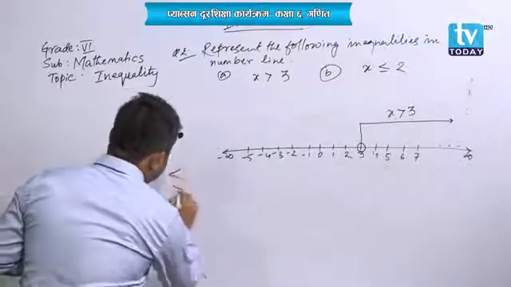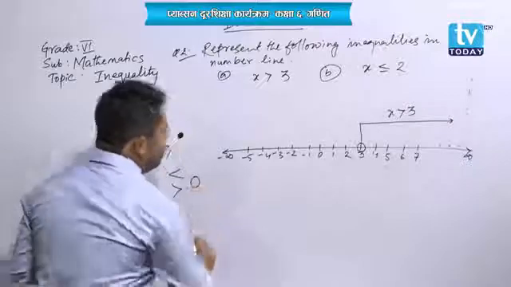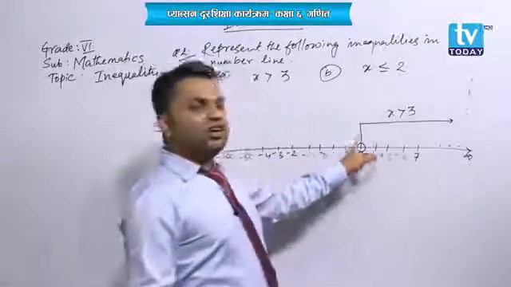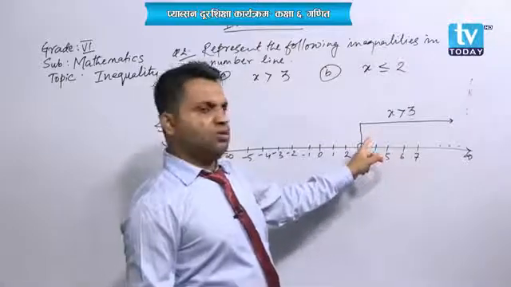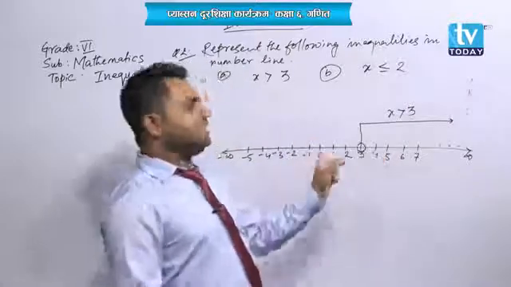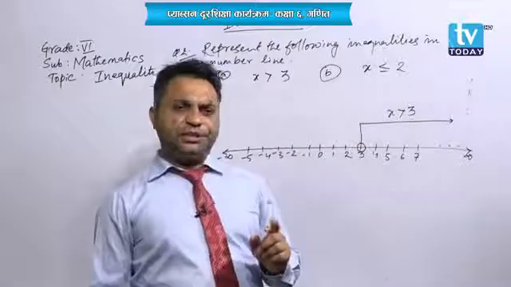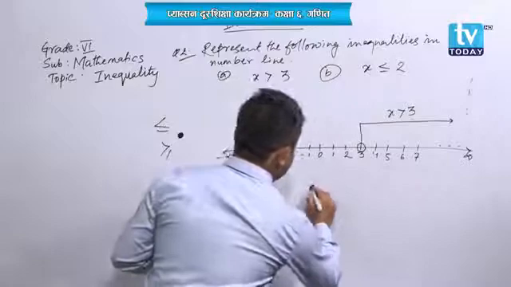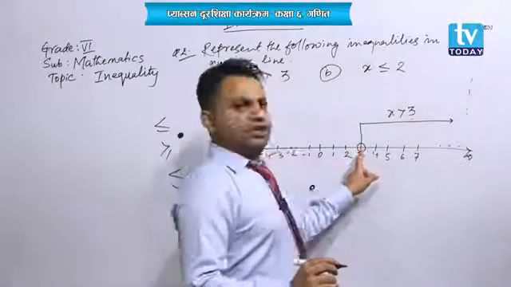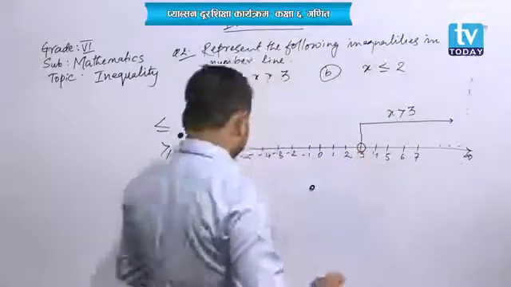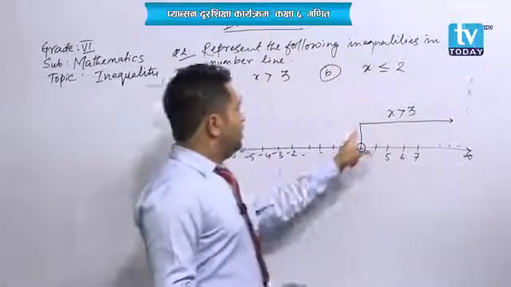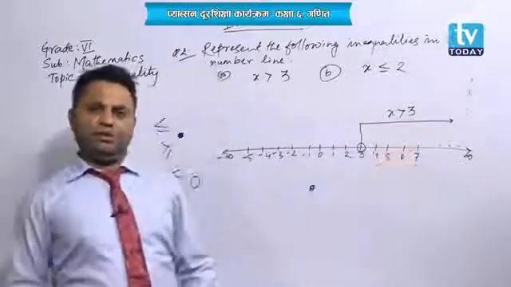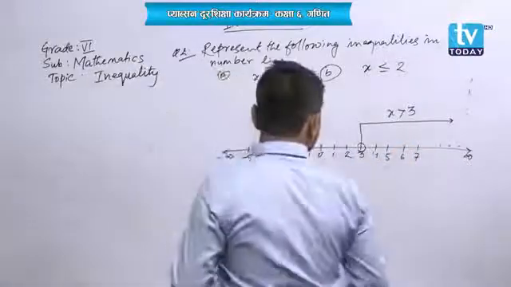What is the difference between them? In this case, 3 is not included. The value of x is greater than 3. Suppose if there is a dark circle, then this value is also included. That means we can represent this inequality on the number line in this way. Is that clear? Understood? Okay.